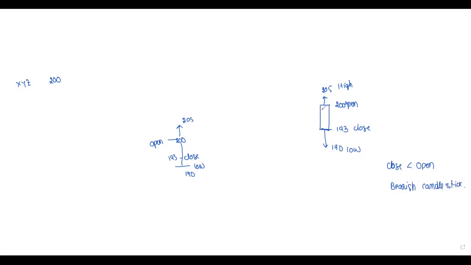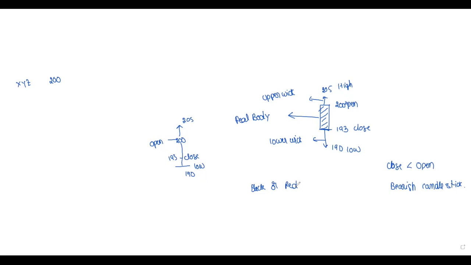Here this is the upper wick, this is the lower wick, and the gap between open and close we represent in a rectangle, so we call it the real body. Usually the bearish candlestick we represent with black or red color.